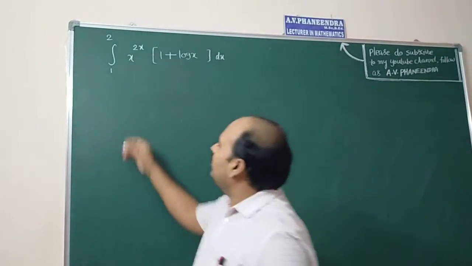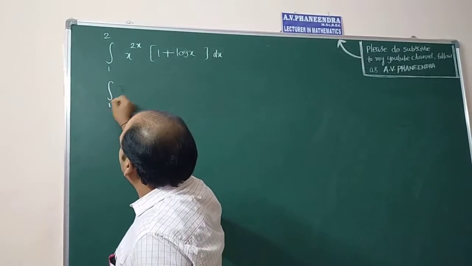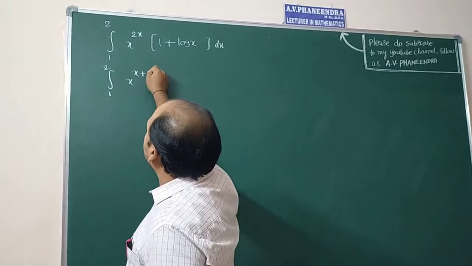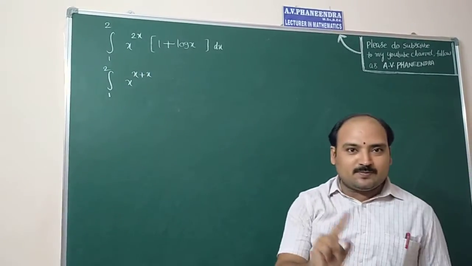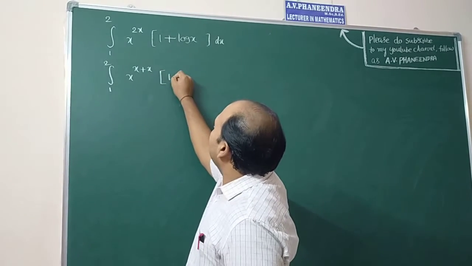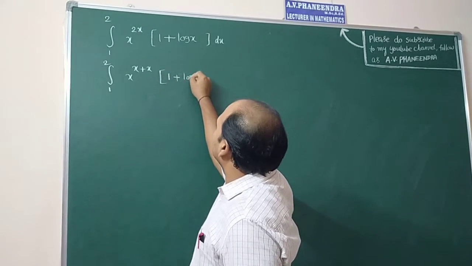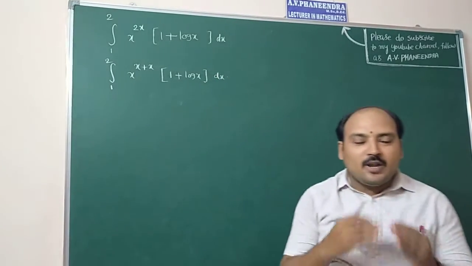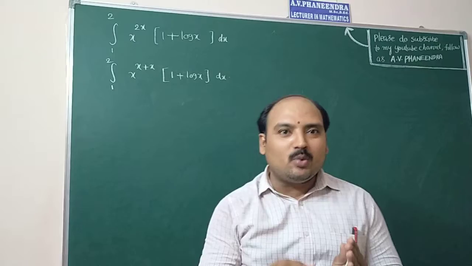First what we have to do: integral 1 to 2 of x power 2x means x power x plus x, meaning it cannot be changed, into (1 plus log x) dx. A power m plus n means a power m into a power n.